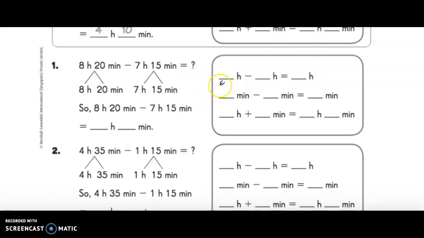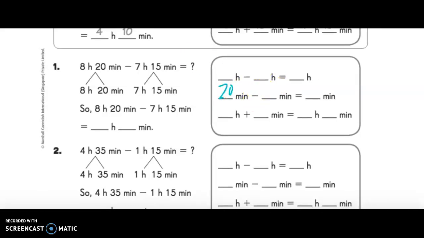We're going to start with the 20 minutes, and then we're going to subtract the 15 minutes from here to be left with 5 minutes. And then we want to go back into our hours. 8 hours minus 7 hours leaves us with 1 hour to get 1 hour 5 minutes.